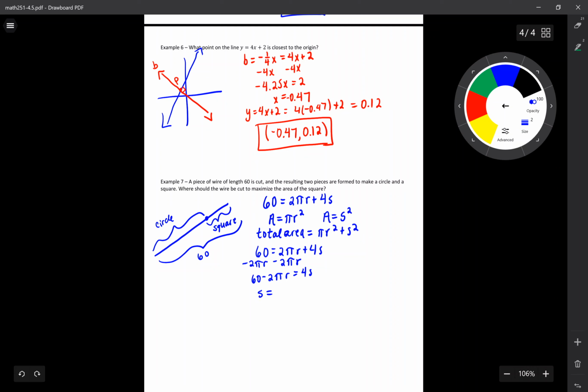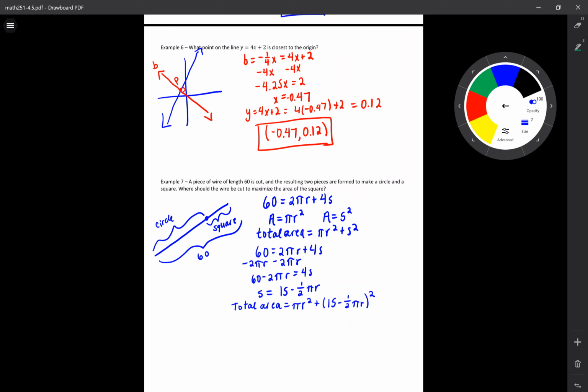So s is equal to 15 minus 1/2 pi r. That is s. So then my total area is equal to pi r squared plus s squared, which is (15 minus 1/2 pi r) squared.